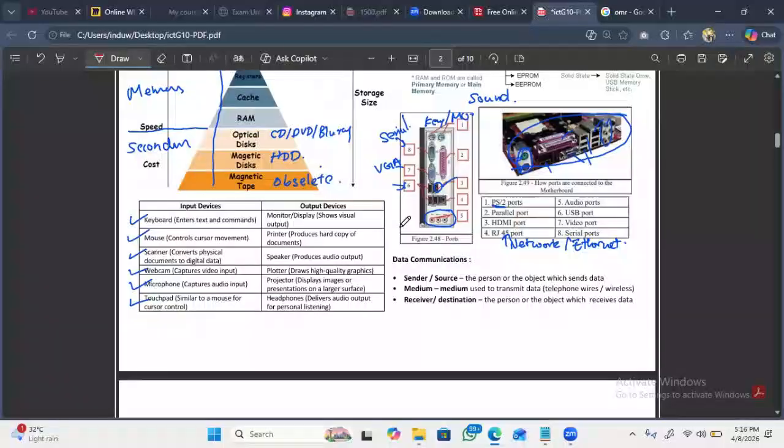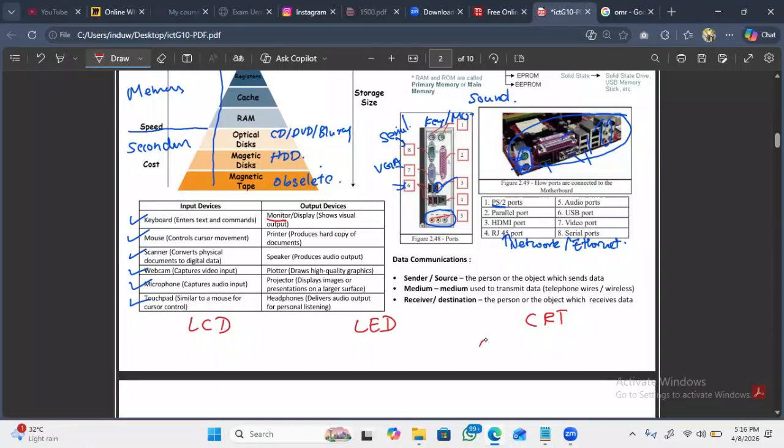In the output devices, we have monitors here. If you take monitors, we have LCD monitors, we have LED monitors. What's the old one? LCD, LED are new. We had CRT.